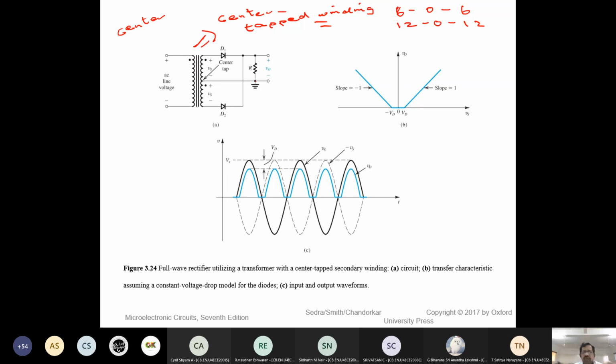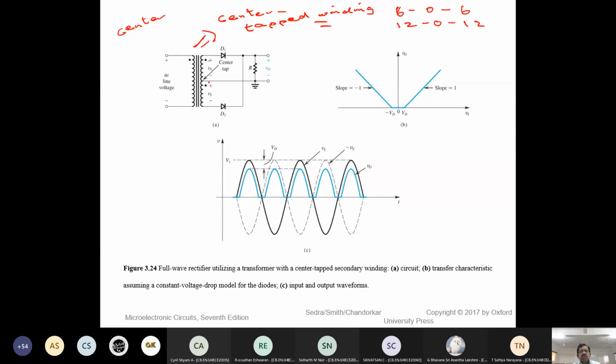Each secondary will have 2 ends. So one end from one secondary and one end from the other secondary, both of them will be commonly tapped and taken to the ground. That is called center tapping. So you will be able to accomplish 6-0-6 or 12-0-12.